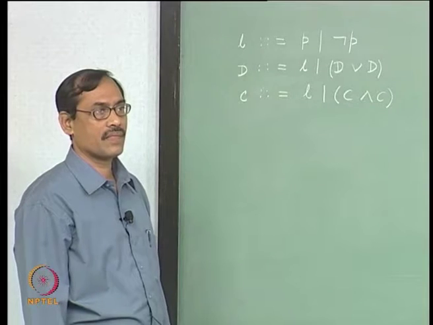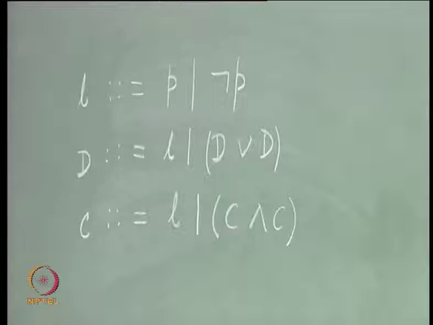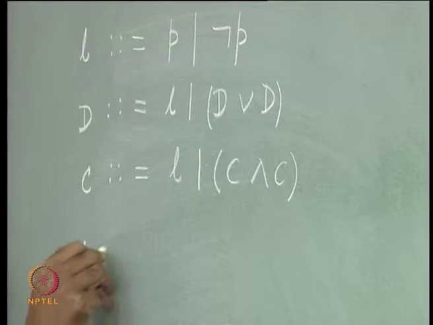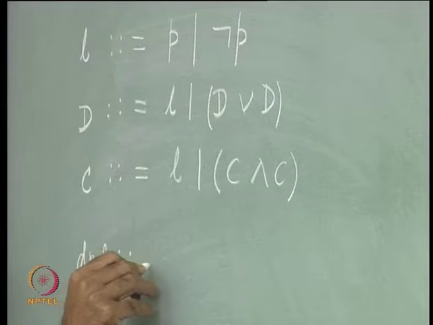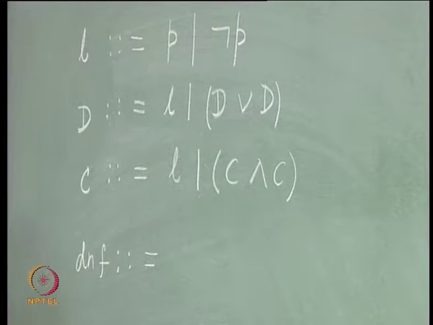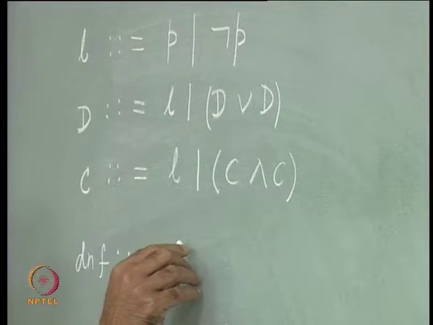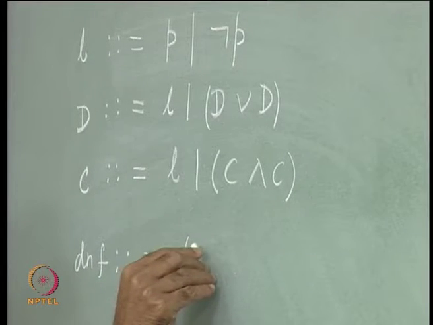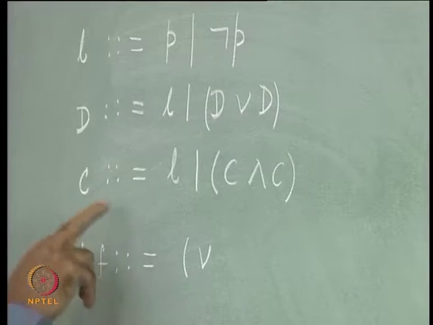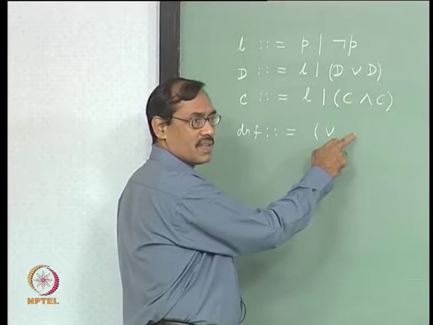Okay. Then finally, we define what we want. So, we say that a DNF can be disjunction of conjunctive clauses. Okay. So, that way we have to write it is a disjunction, it should be or of a conjunctive clause and another conjunctive clause.